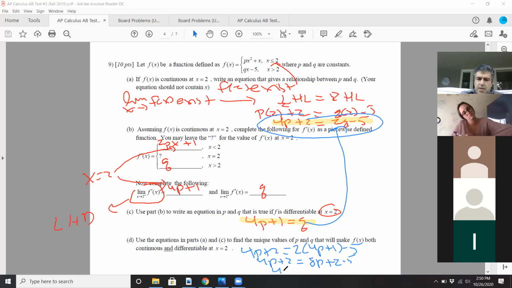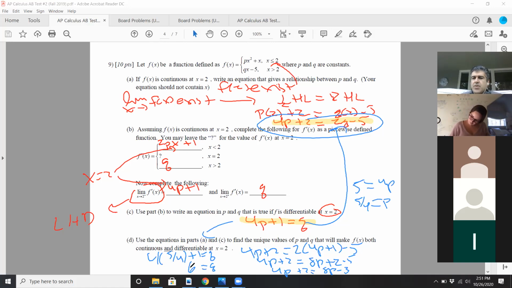So you get 4p plus 2 equals 8p minus 3. Move things around, you should get 5 on the left, 4p on the other side. P is 5/4. If p is 5/4, then you have 4 times 5/4 plus 1 equals q. That's going to be 6. That's how you get those answers.